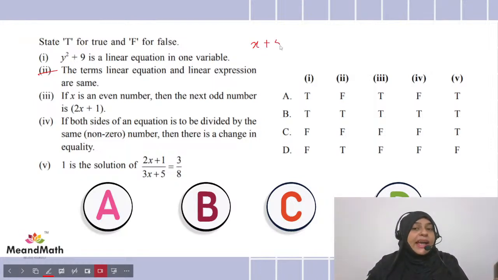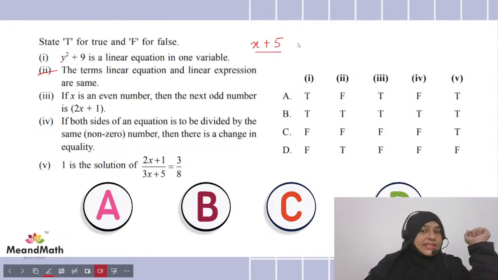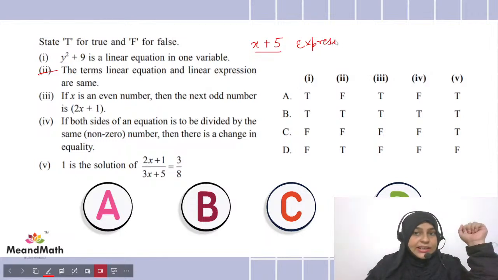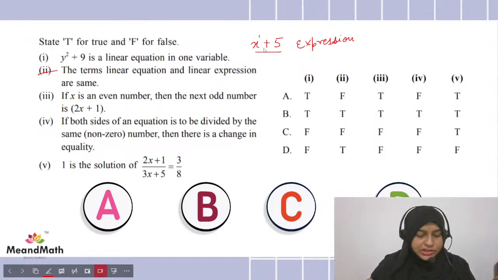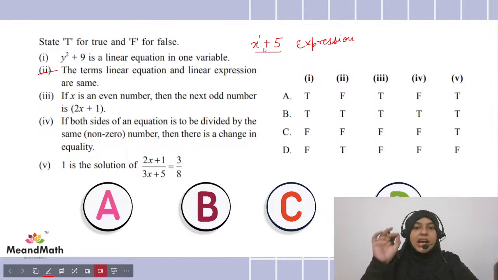Suppose I am writing x plus 5. It is an expression, and as the degree of the variable is 1, it is a linear expression, right?